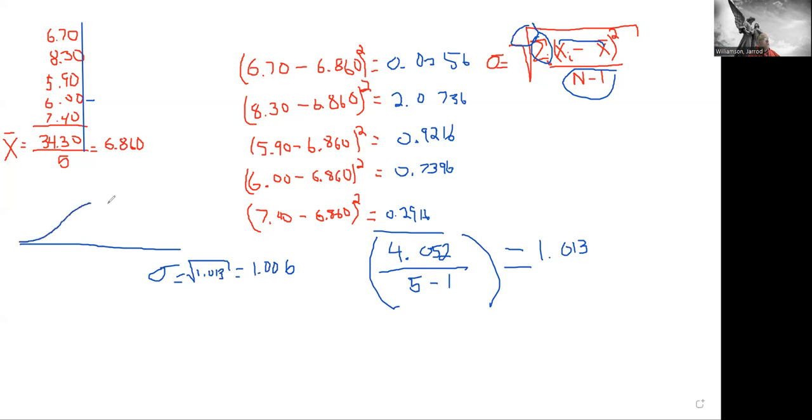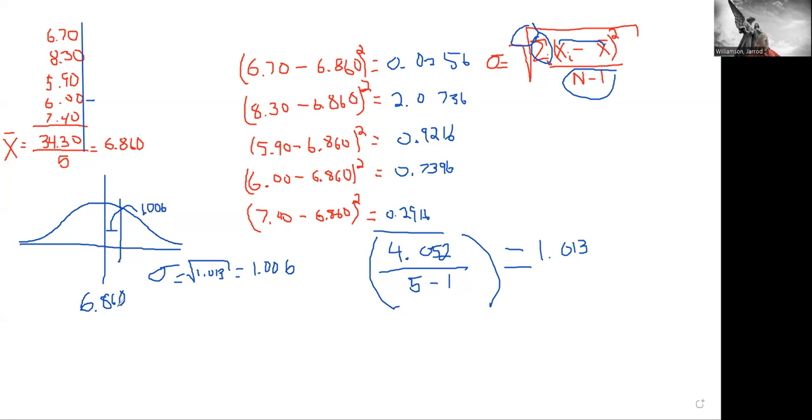That means if I have a bell curve distribution, my average is 6.860. And my standard deviation this way is going to be 1.006 above.